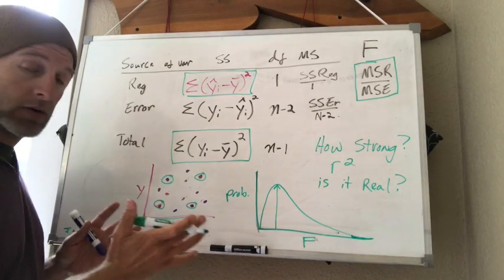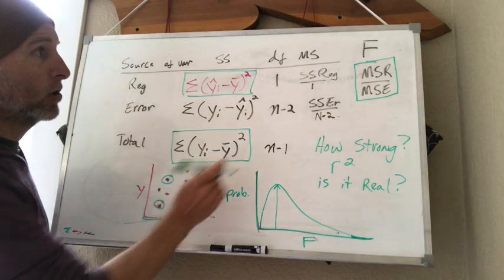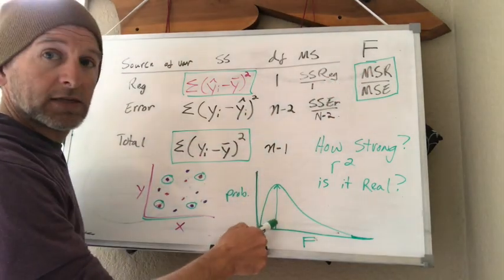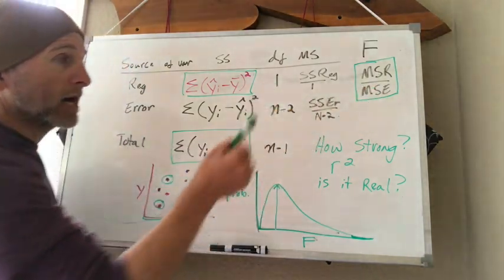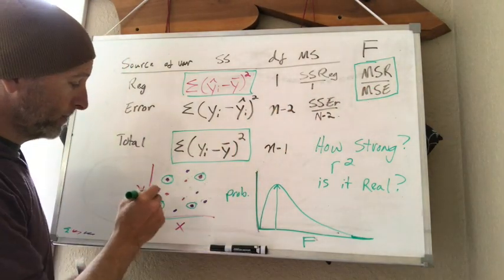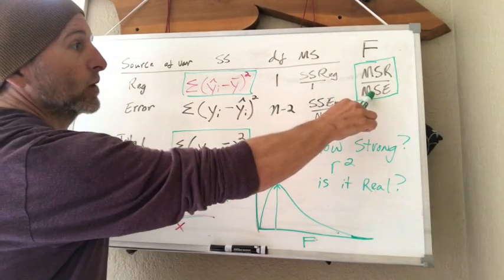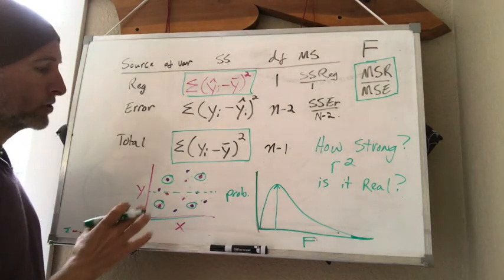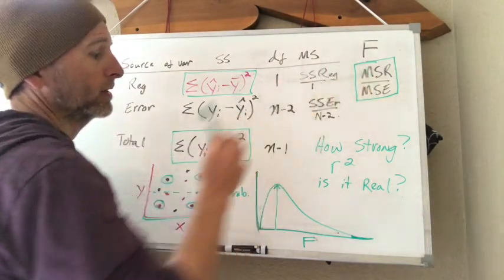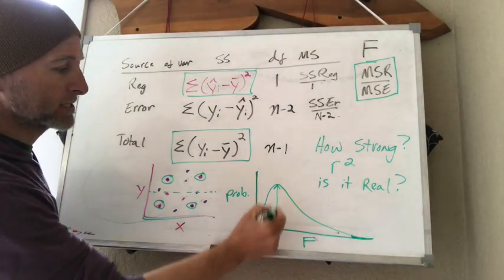They're just a random scatter within a random scatter, and you're going to end up with an F-score that's relatively low. That is, your mean square regression is not going to be that different from your overall mean, and your mean square error is going to be much larger. So you're going to get a small F-score. And so your F-score is going to be somewhere here.